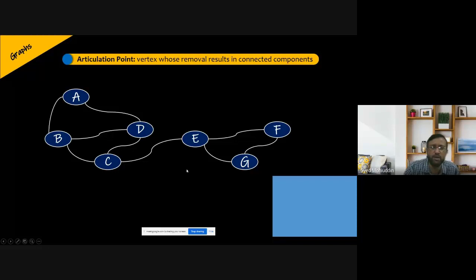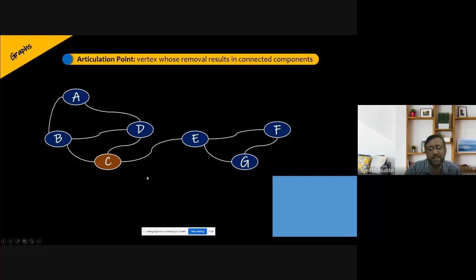Now let us talk about articulation points. Theoretically, this is also very important. An articulation point is a vertex. We were talking about the edge getting removed, but an articulation point is a vertex whose removal results in disconnected components. In this case, if I remove vertex C, there are 3 edges.